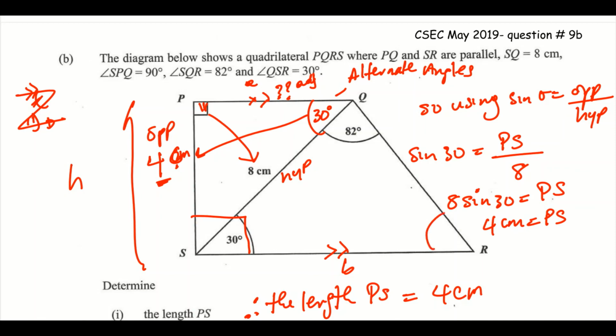Now the two angles: we know angles in a triangle add to give 180, so it's 82 plus 30, and that gives us 112, and then 180 minus 112 gives us 68 degrees. So this angle here is 68 degrees.